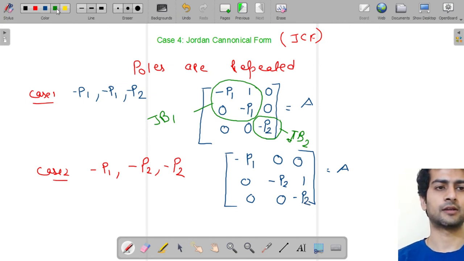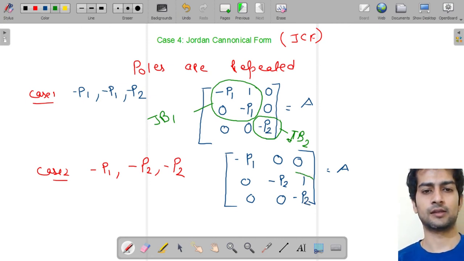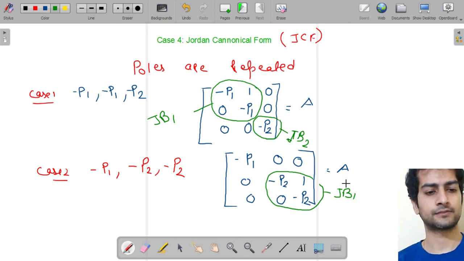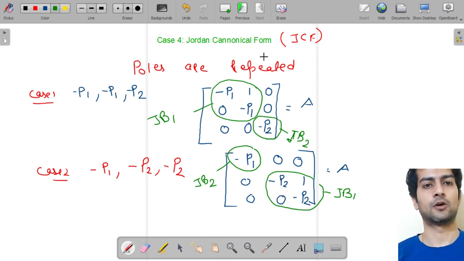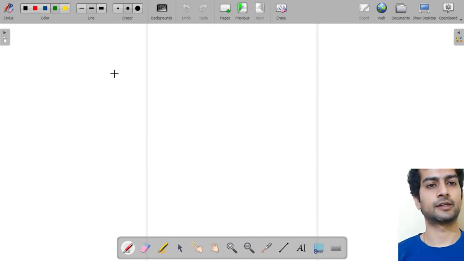So here again we can see this is our Jordan block 1, and this is our Jordan block 2. Easy. 1, 0. Repeated poles 1, 0. Easy. Now if we take one more case, case 3.